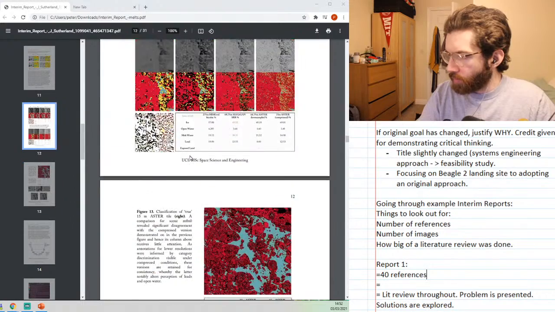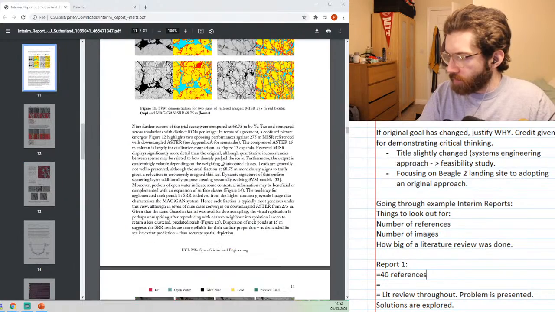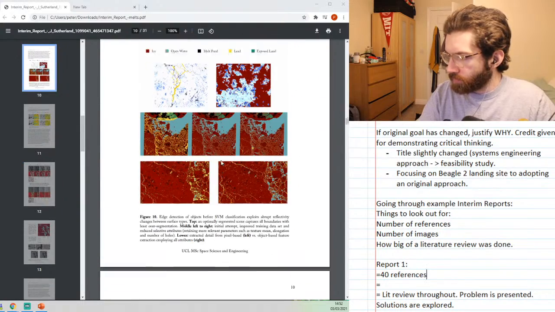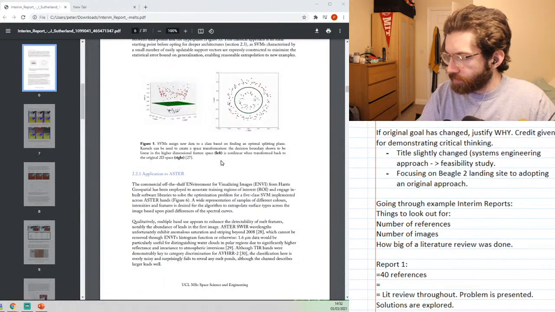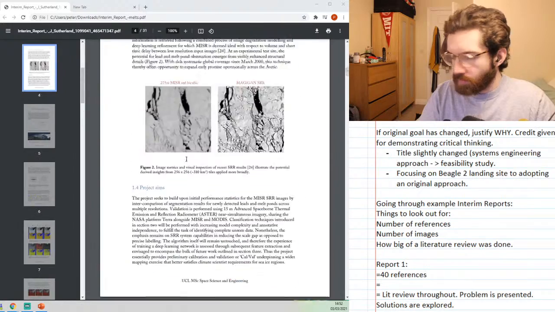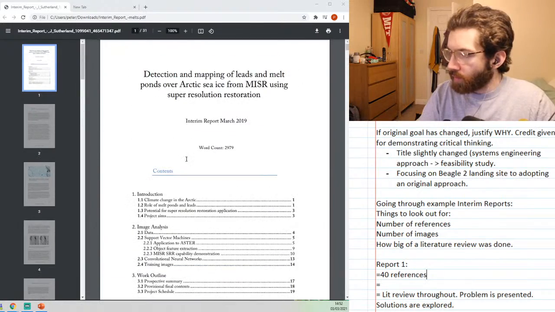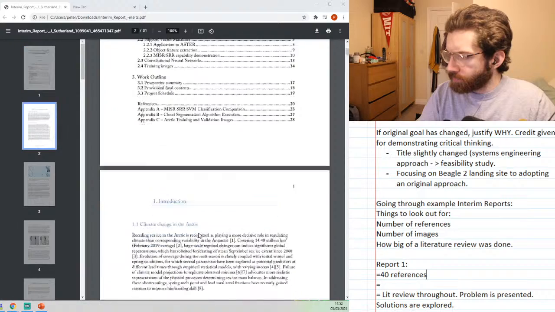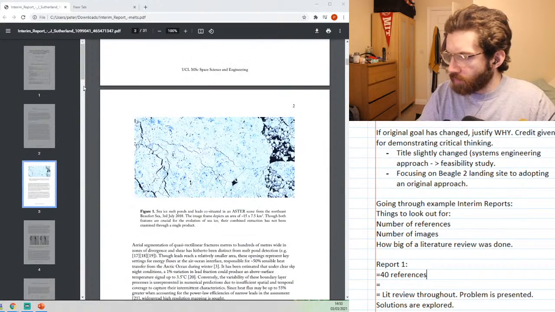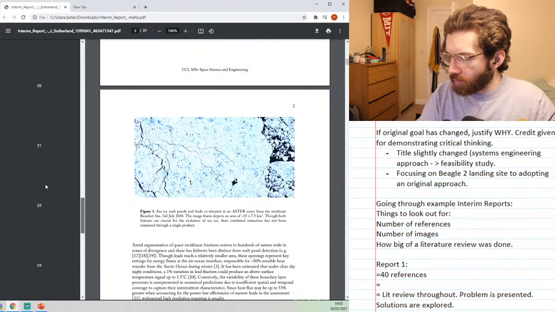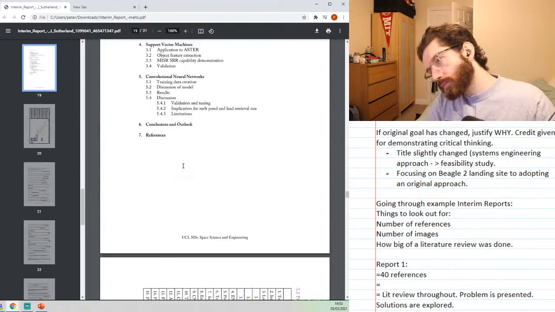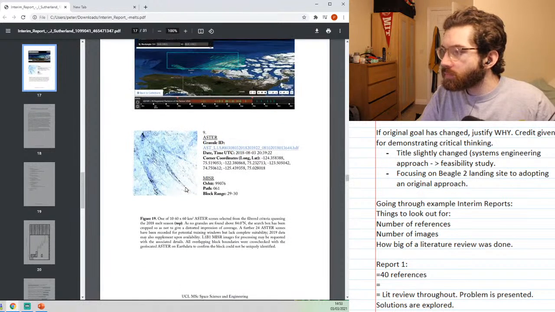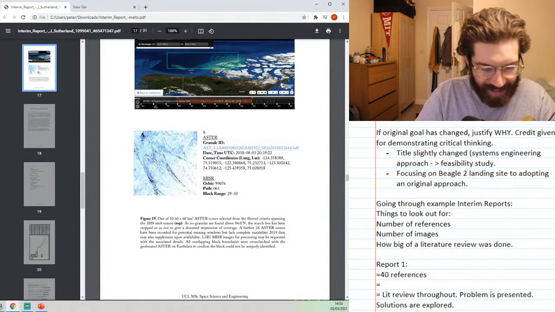Oh wait, what? Figure 14, 15. Oh my god, so many figures. I'll just check the last figure. 19. Wow.